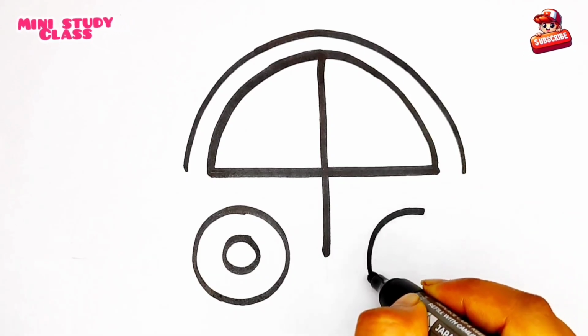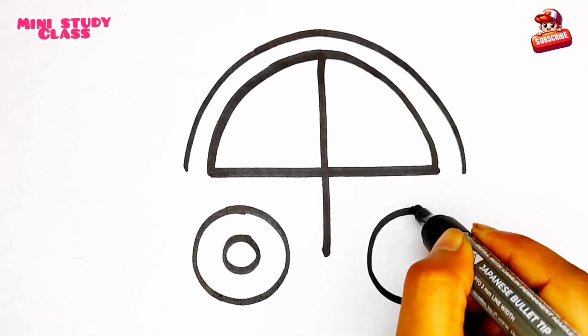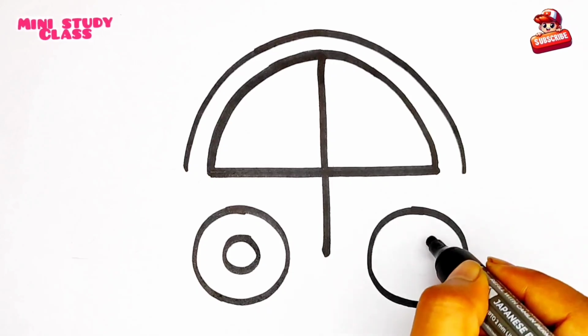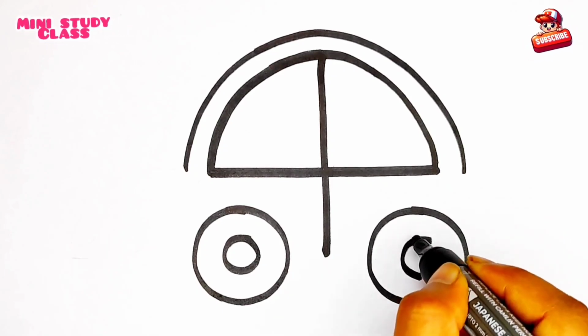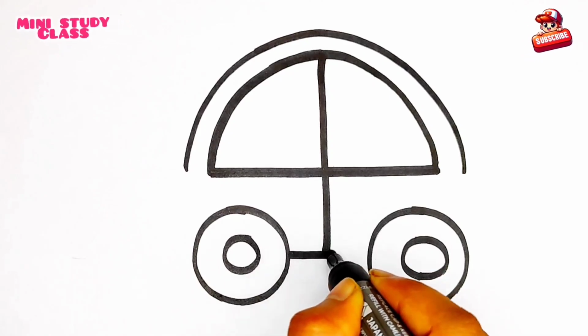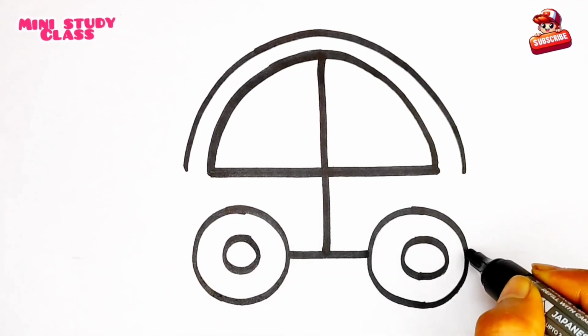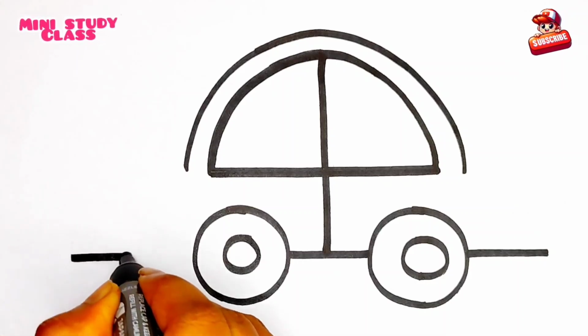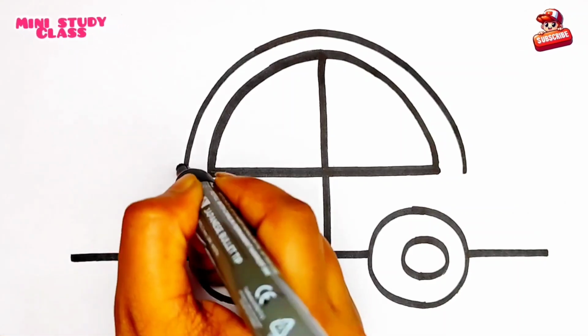Next, it's time to draw another wheel using the same process. First we draw a big circle, and we draw a small circle into it. We draw a straight line, and join it to draw the face and back part of the car.